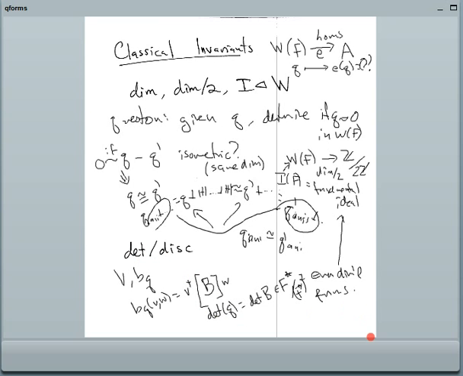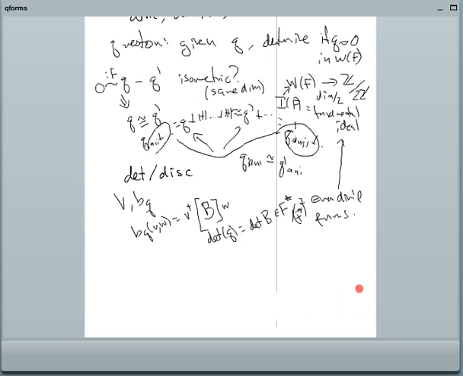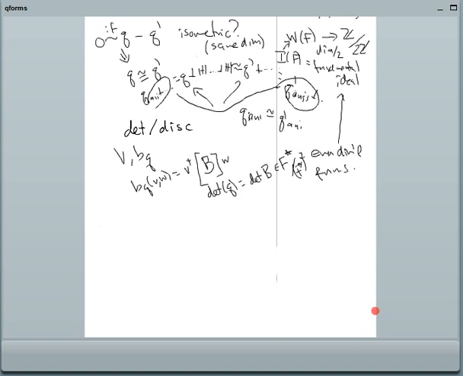Now this is some extra information. It's not quite, unfortunately, a homomorphism.